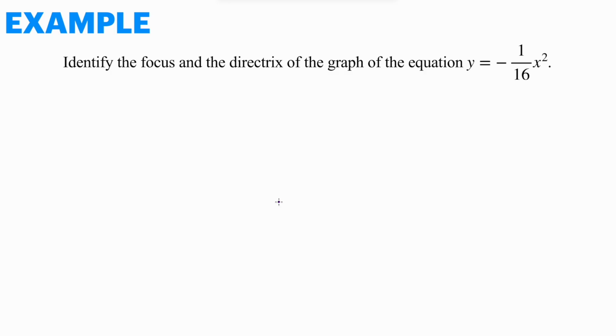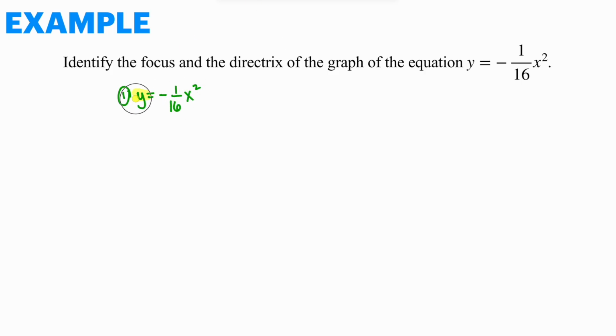So in this case, we are going to go in the opposite direction. I now give you an equation, and I want to know what the focus and the directrix of this graph is going to be. So first, it is a y equals, and so therefore I know it's going to either open up or down. It's a negative 1 over 16x squared.